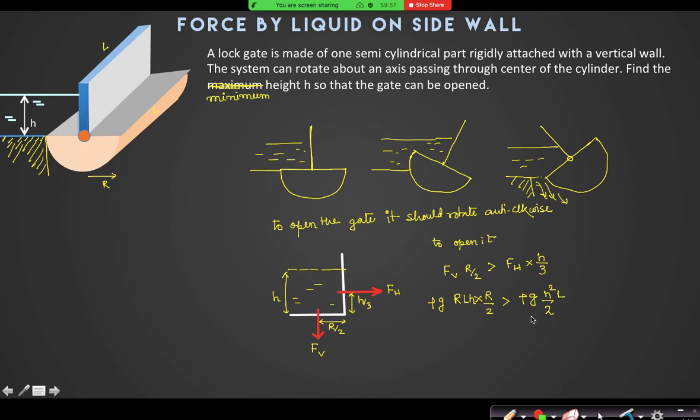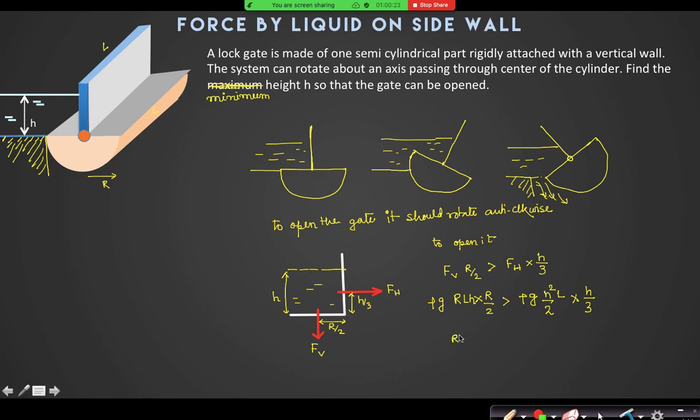Yes or no? Is it Fh? Yes. Multiplied by h by 3. So I think we have got our equation, where rho g R square is on one side. 2 gets cancelled out. Rho g and LH also get cancelled out.